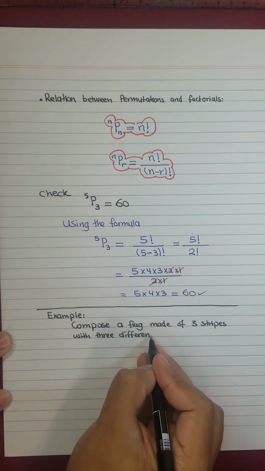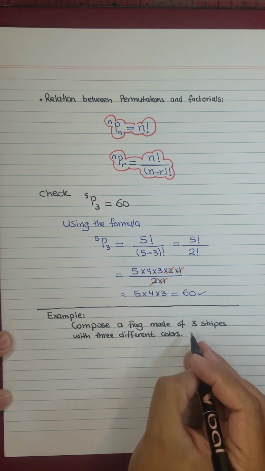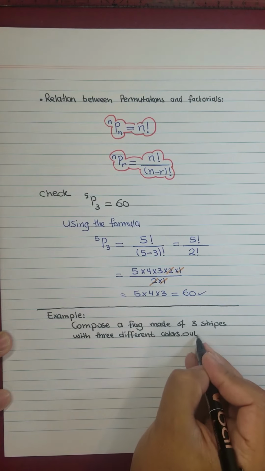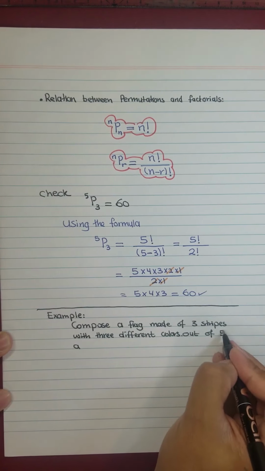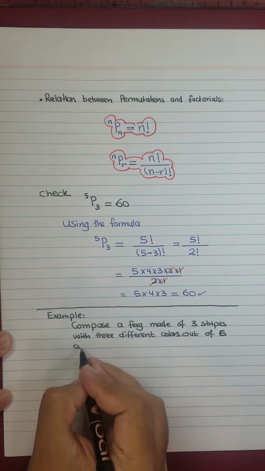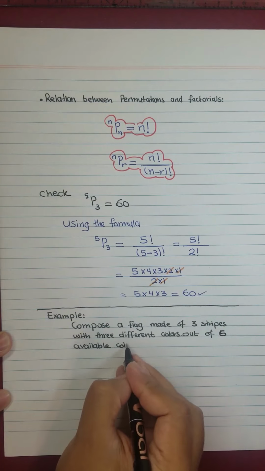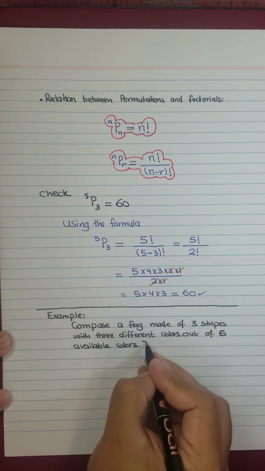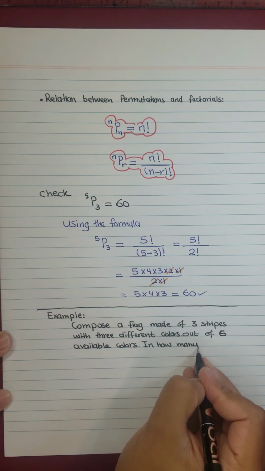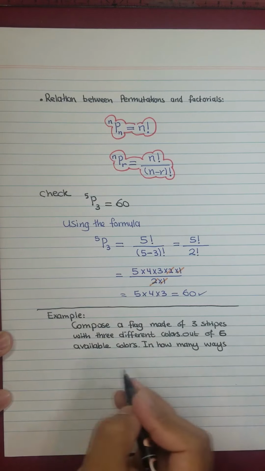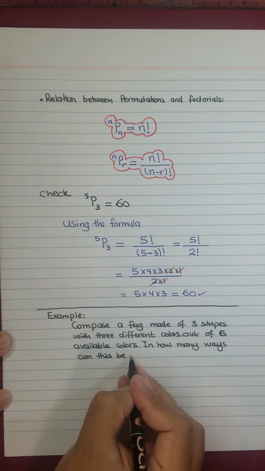And let's say that we have 5 available colors, or let's make it 6 available colors. So the question is, in how many ways can this be done? Good. So let's see.